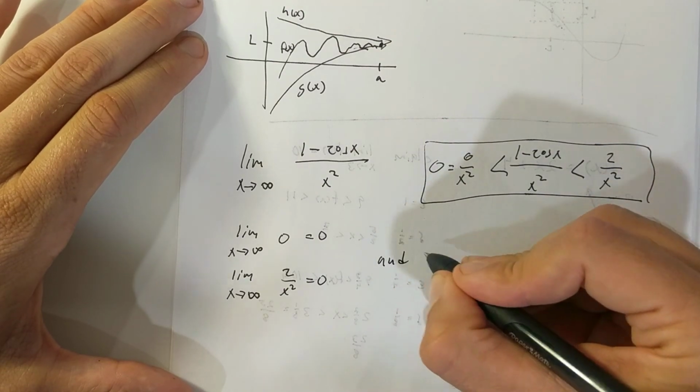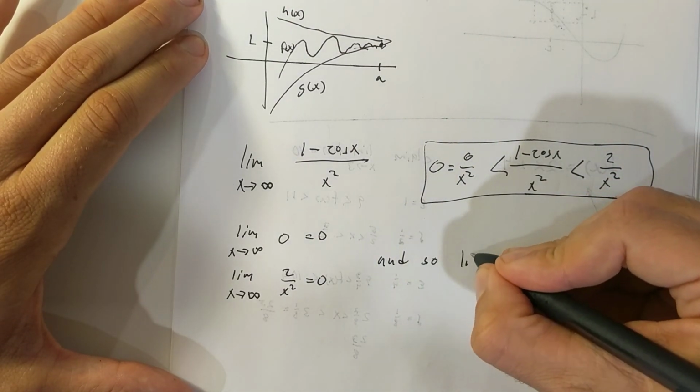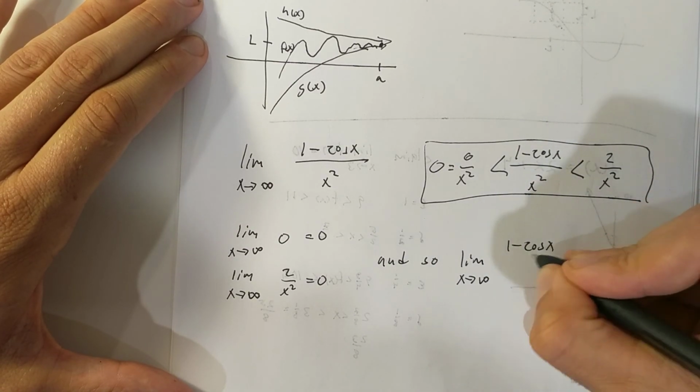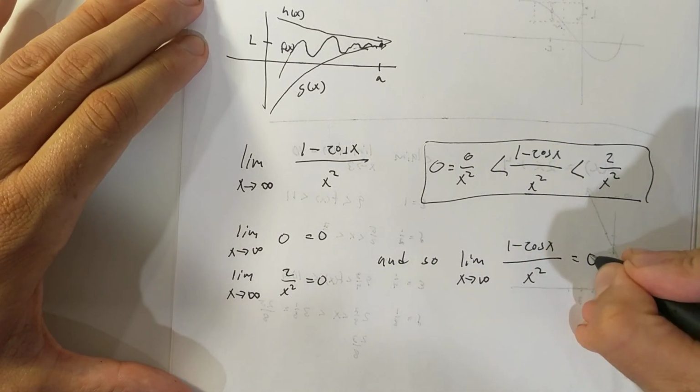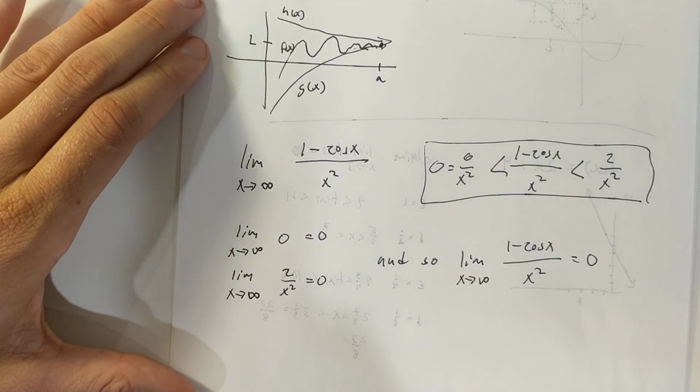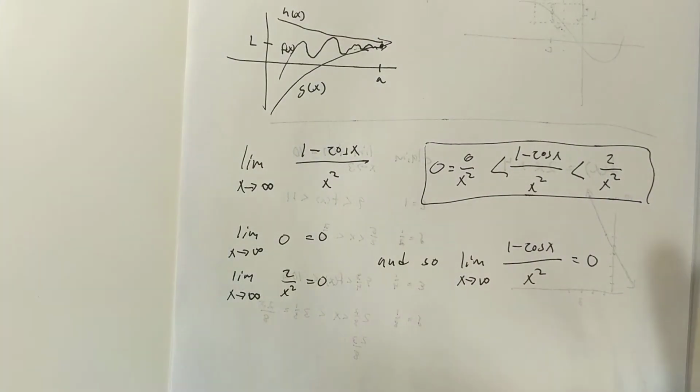And so the limit as x approaches infinity of 1 minus the cosine of x over x squared must also be, you guessed it, 0. And that's the squeeze theorem in action.